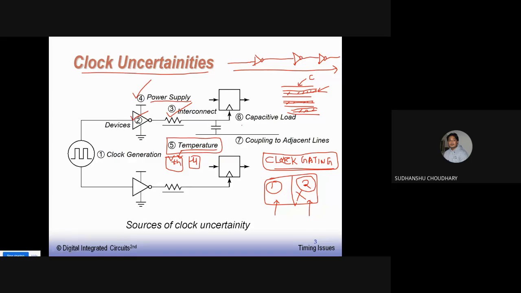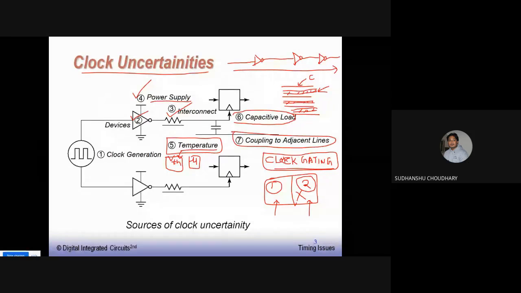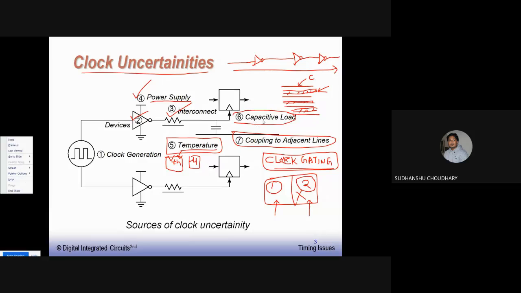Now next is because of the capacitive loads and also because of the coupling to adjacent lines. It is possible that the same clock signal has a different load, right? So the clock signal is the same, but the clock loads are different.